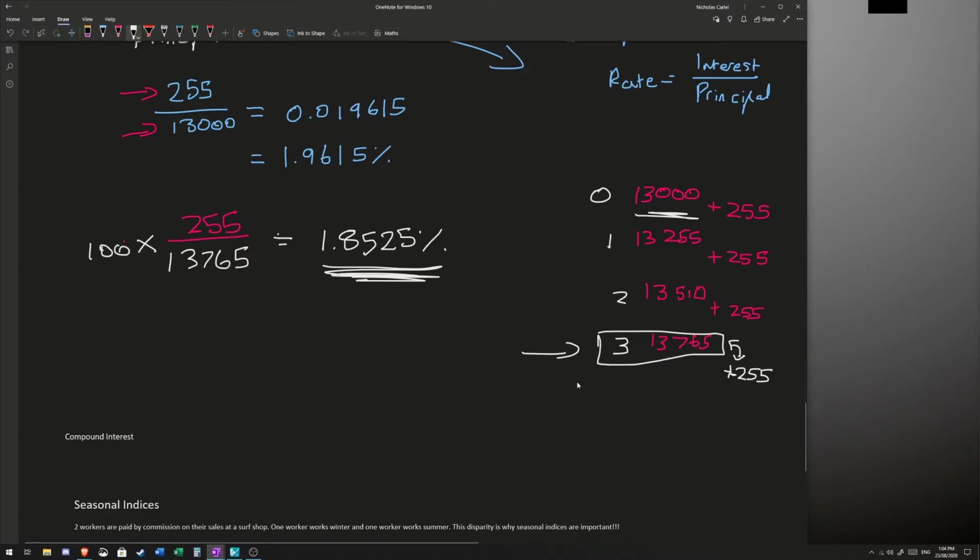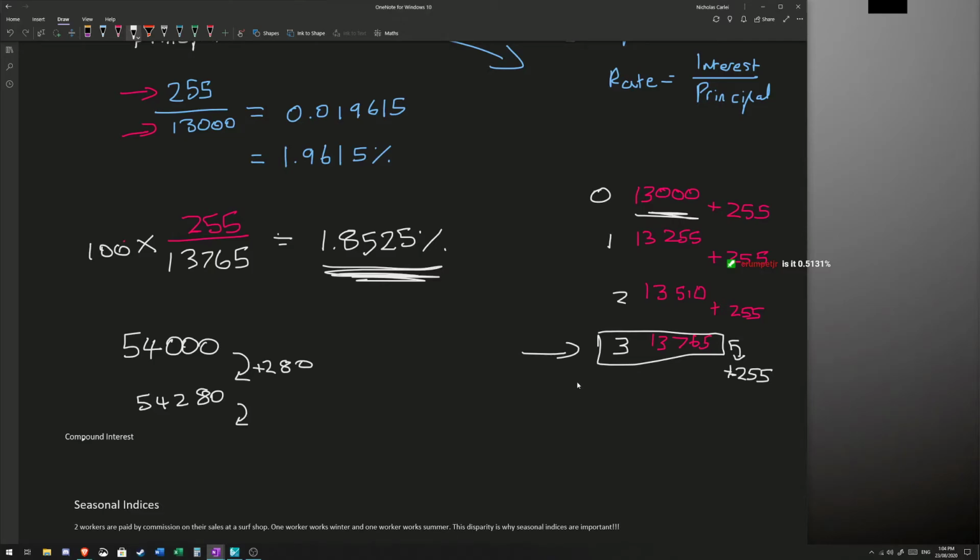So let's have a look. We've got $54,000, and after the first month we're adding $280, which gives us $54,280.